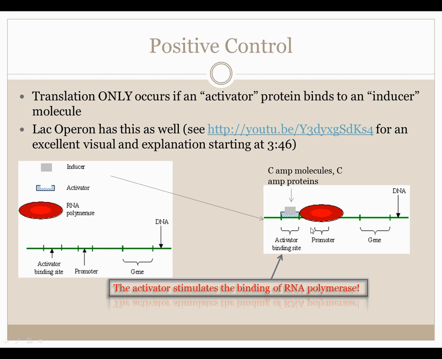So instead of taking away, you need this, which is why it's called positive. I need that to therefore take the polymerase and do the transcription. So that's why it's called positive control. I need to attract that onto my DNA to then bring the polymerase in and do its work.